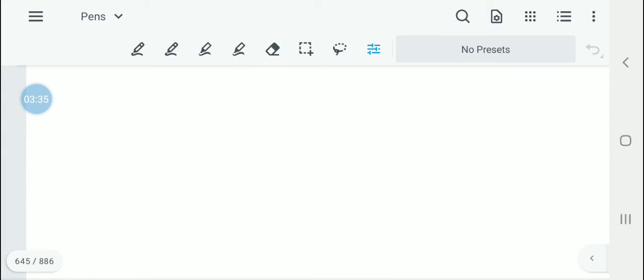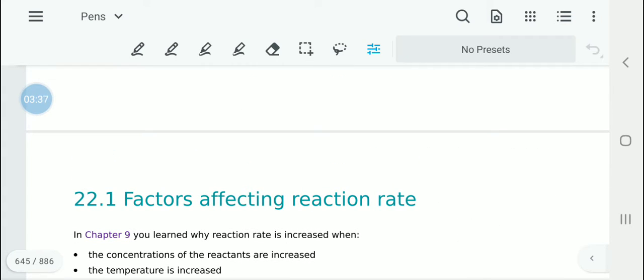First of all, the rate of a reaction is increased when the concentration of the reactants is increased, temperature is increased, or when a catalyst is added.